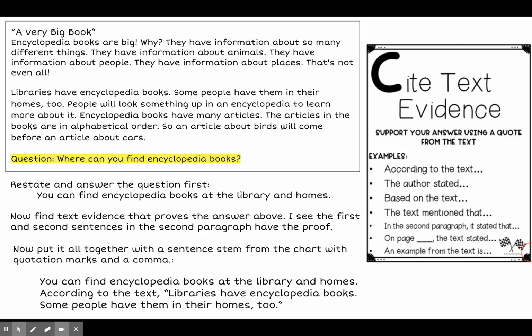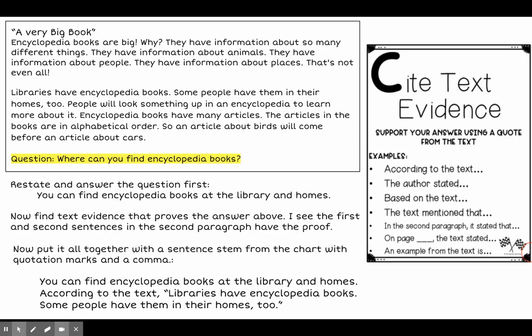Libraries have encyclopedia books. Some people have them in their homes too. And then end quotation marks. That's it. That's all I'm doing. So I'm restating the question, I'm answering the question, and then I'm finding some text evidence proof. Your text that you have to read today won't be much longer than this right here. So that's all I'm asking you to do, is to find some text evidence to answer a question.